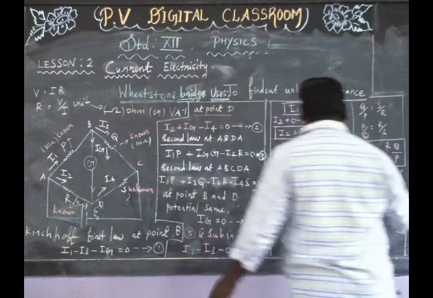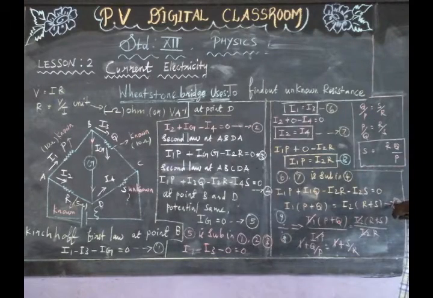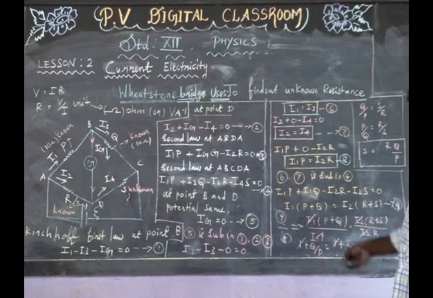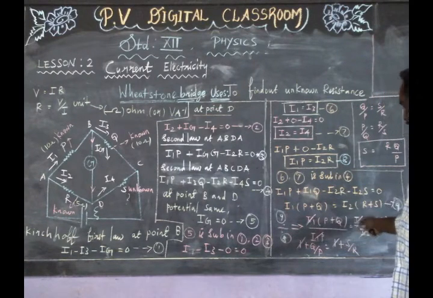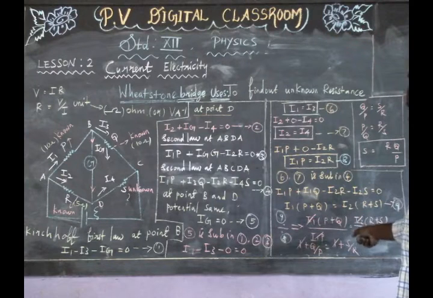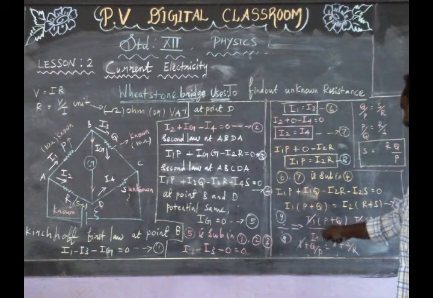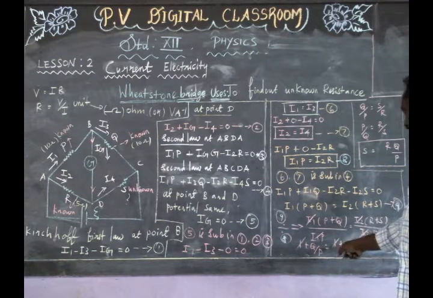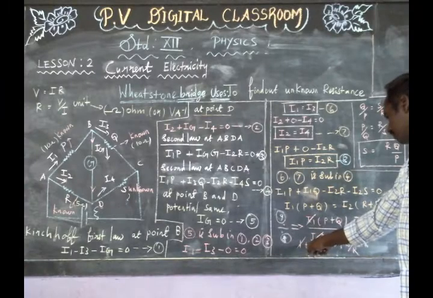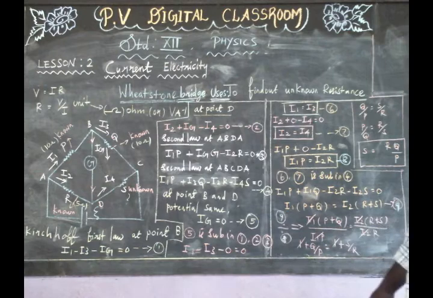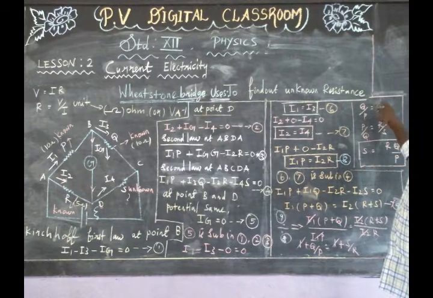This is equation 9. The 9th equation is divided by equation 8. Same terms cancel: I1 cancels, I2 cancels, P cancels, R cancels. 1 plus Q by P is equal to 1 plus S by R. The 1 on left and right is the same, cancel that.